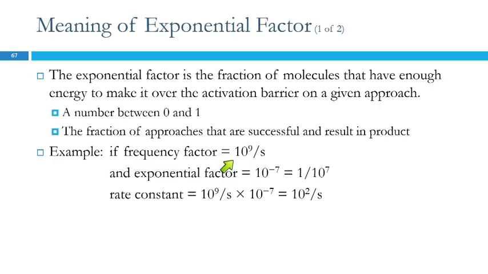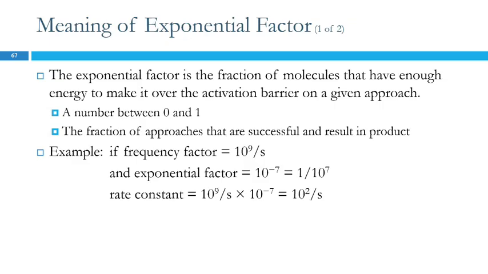So if the frequency factor was 10 to the 9th per second, which is really high, and the exponential factor was 10 to the minus 7, meaning that only 1 out of 10 to the 7th tries was successful, that's real low chances, right? It's a good thing people don't see chances like that because we would quit.